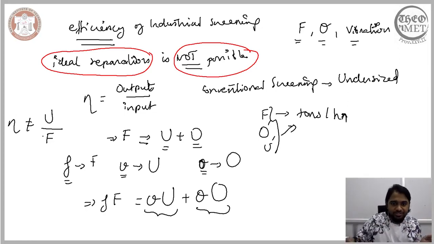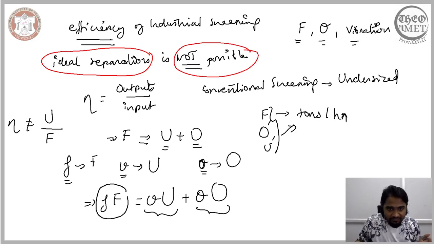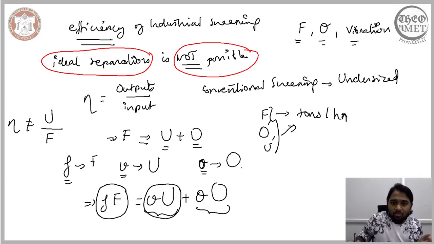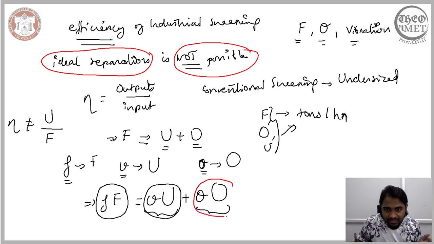Now this expression helps us distinguish the amount of undersized particles that are fed in, the amount of undersized particles that are gathered along with the other undersized particles, and the amount of undersized particles that are unfortunately gathered with the oversized particles.